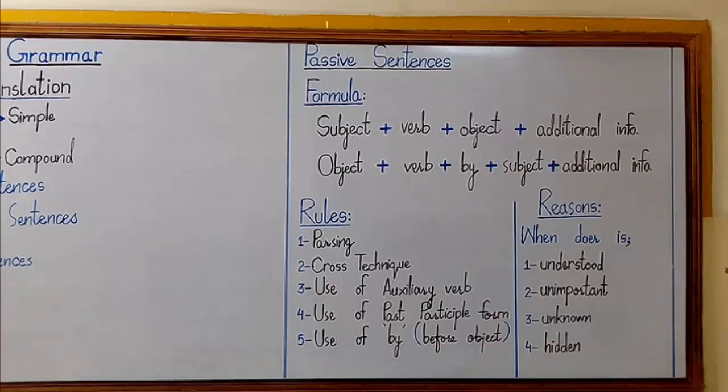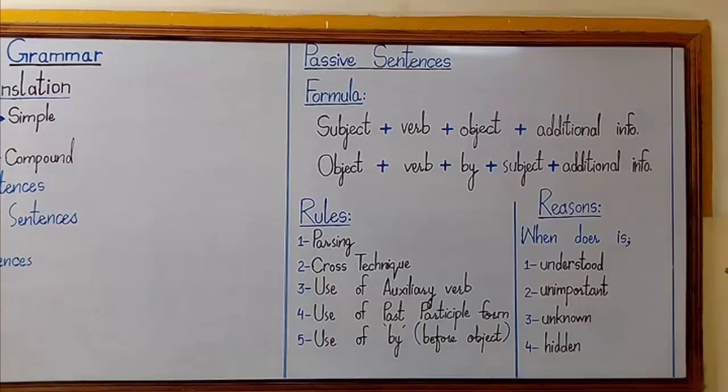You can apply the second rule on that sentence, that is cross technique, which means bringing the subject at the position of object in the passive voice and bringing the active object at the position of passive subject. So this is called cross technique. We have already discussed this in detail in the previous lectures. Then rule number 3, we use auxiliary verb.